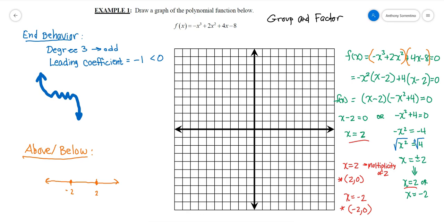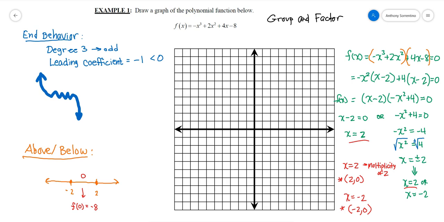So for instance, between these two numbers, the number 0 would be between them. I want to know, between -2 and 2, is the graph above the x-axis or below the x-axis? So if I do f of 0, I'd work that out and get that it's a -8.